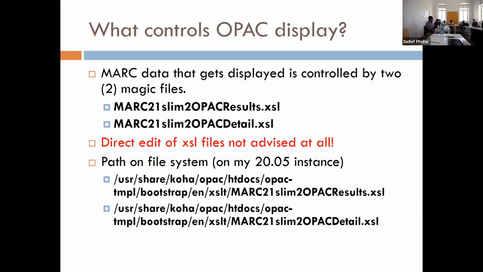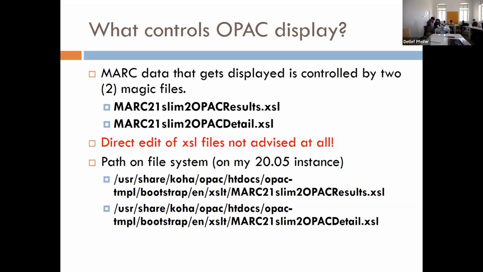So you leave the ones that are there as is. That way, when you upgrade, the upgrade will not replace your customization. Or if you mess up, you can quickly revert back to the default.